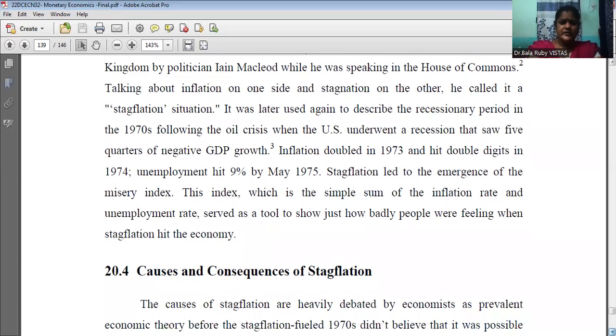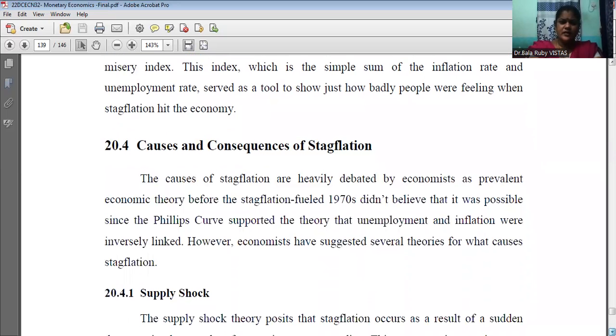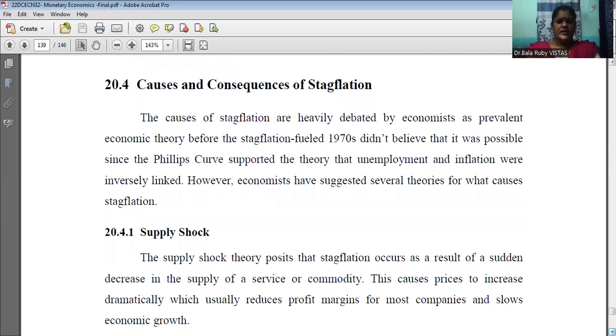Now, let us concentrate on the causes as well as the consequences of stagflation. The causes of stagflation are heavily debated by economists. Before the stagflation of the 1970s, prevalent economic theory didn't believe it was possible, since the Phillips curve supported the theory that unemployment and inflation were inversely linked.